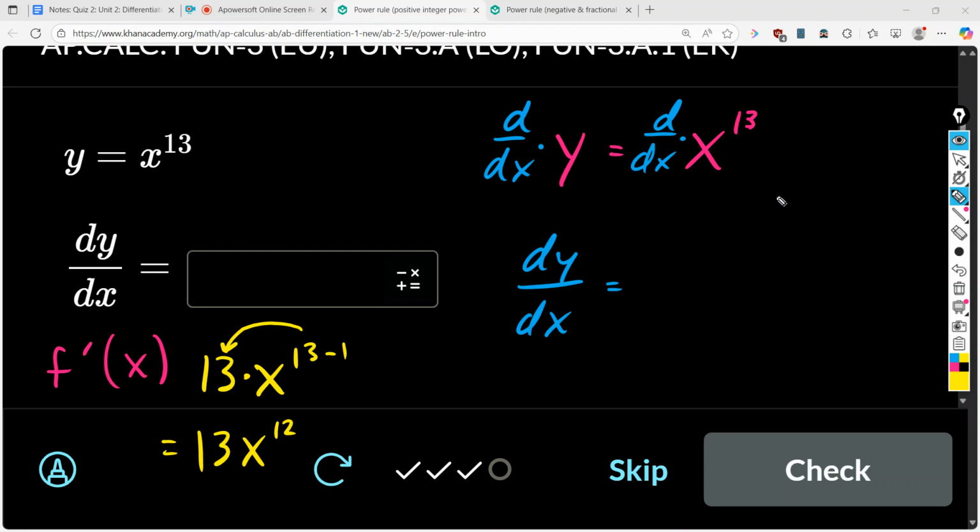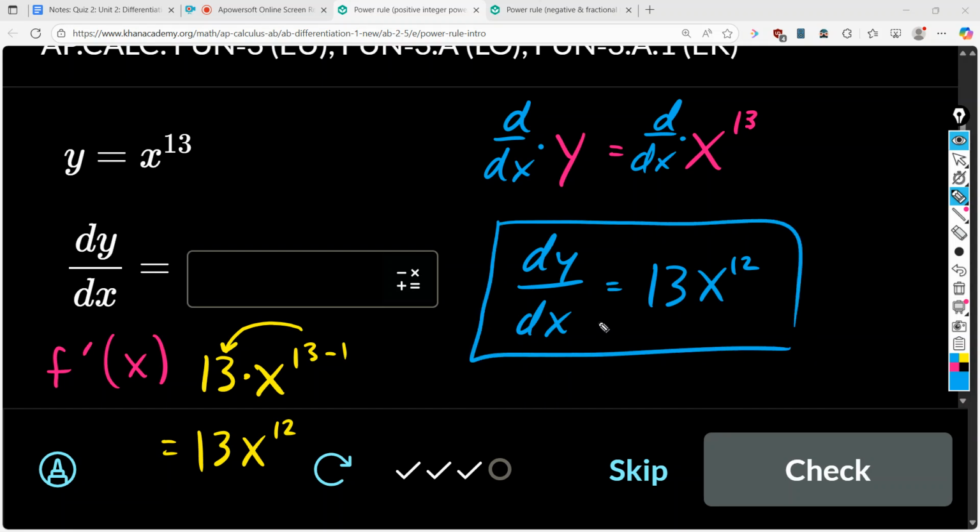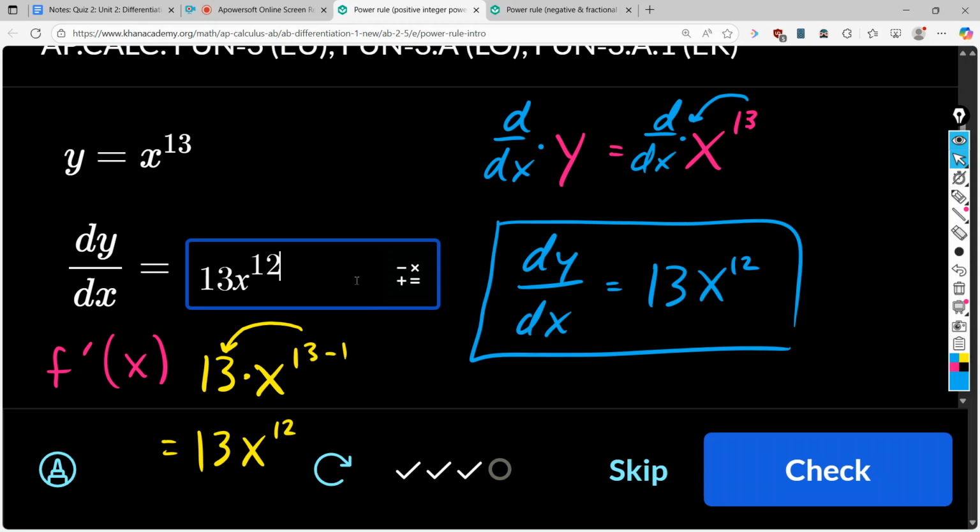So d dx of x to the 13th is going to be 13x to the 12th. It sounded more complicated because I wanted to show you the correct notation, but all we did was take the 13, move it to the front, and decrease the exponent by 1. So it's 13x to the 12th instead of to the 13th. Pretty simple.